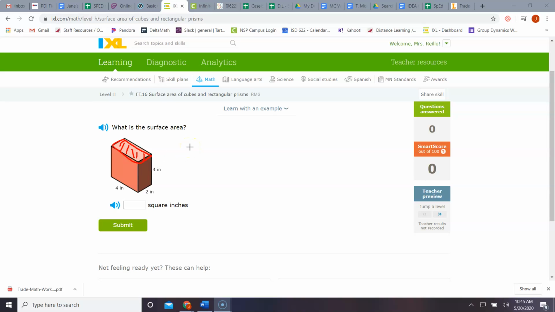So the formula that we can use to do this is 2 times capital B, and I'll explain to you what B means here in a second, plus P times H. Okay, big B actually means the area of the base.